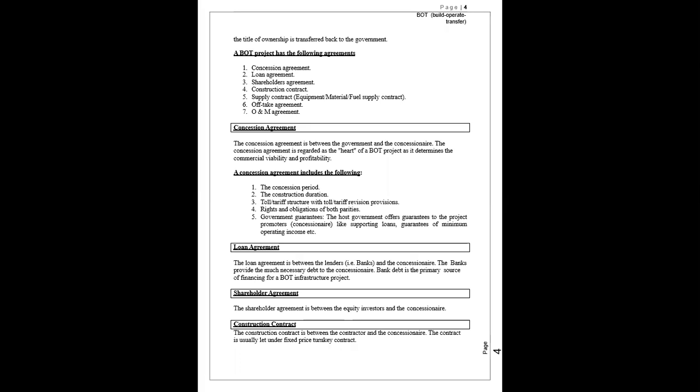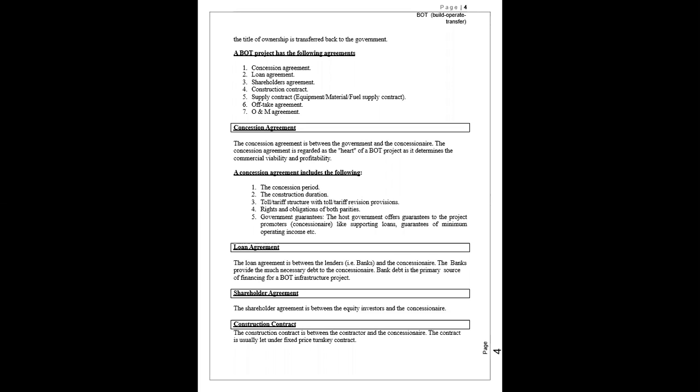On an average, 1,000 vehicles will run on this road, or on an average 200 vehicles will run on this road, and from those vehicles how much toll will be collected is also tentatively mentioned, because as all of you know, for different vehicles different tolls are there.